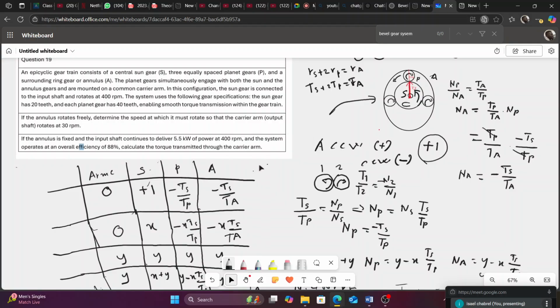Guys, what is the carrier arm? If you read here, they said the carrier arm has the output rotating shaft. What is the efficiency, guys?